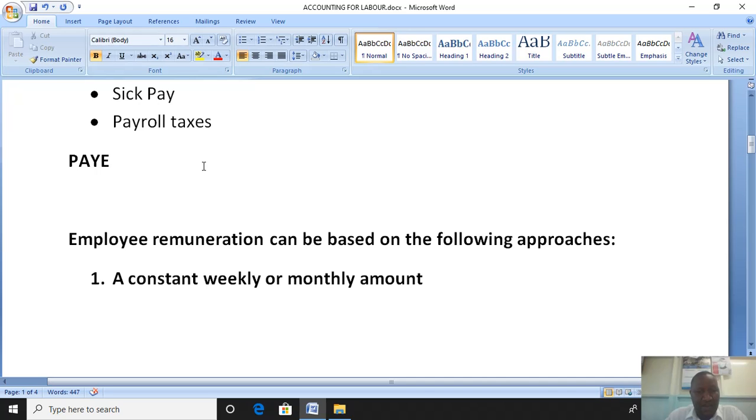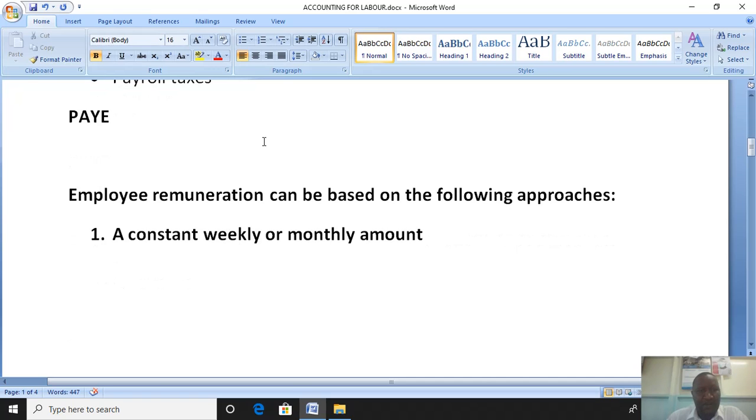Now let's look at different ways or approaches in which workers are paid. Number one, workers can be paid based on a constant monthly or weekly pay. So how do we calculate the labor cost if workers are paid on a fixed monthly or weekly pay?